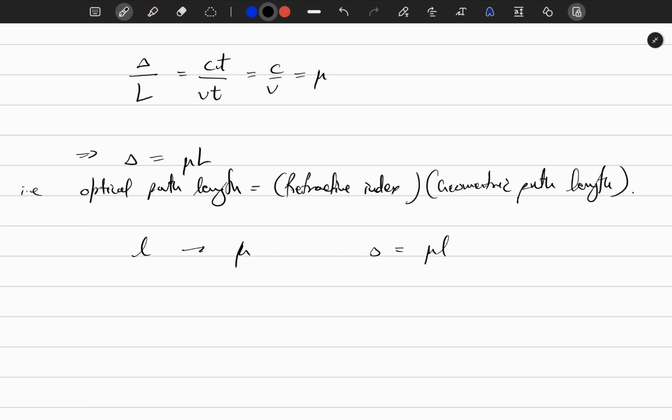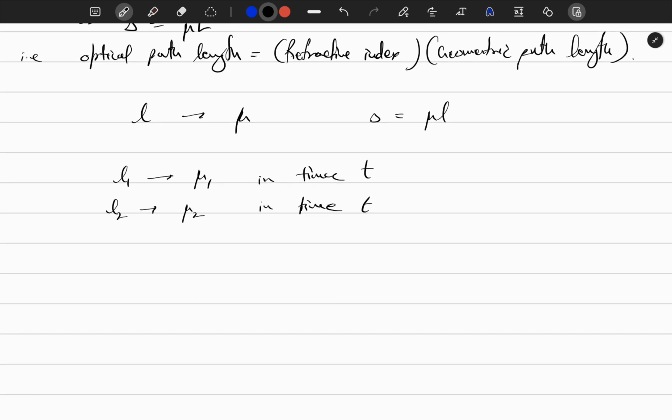Suppose that light travels L1 in a medium of refractive index mu1 and L2 in a medium of refractive index mu2 in the same time. Then we know that it will travel the same optical path length. So delta will be equal to mu1 L1 is equal to mu2 L2.